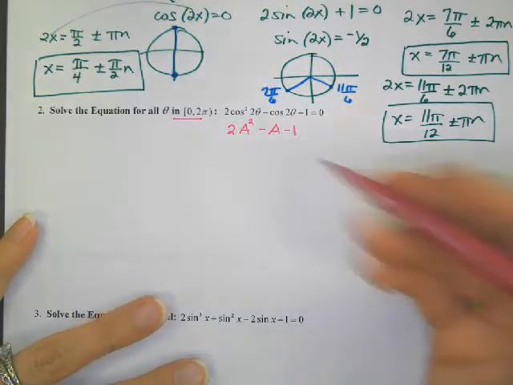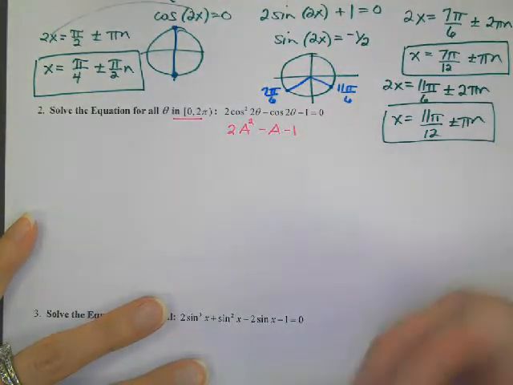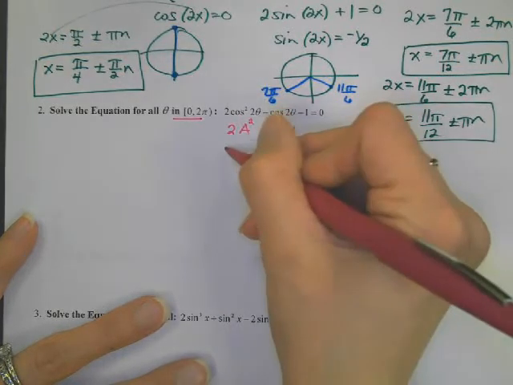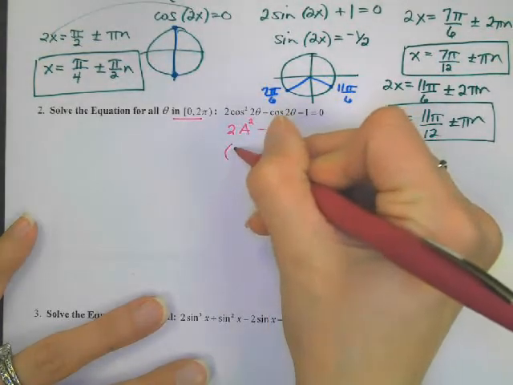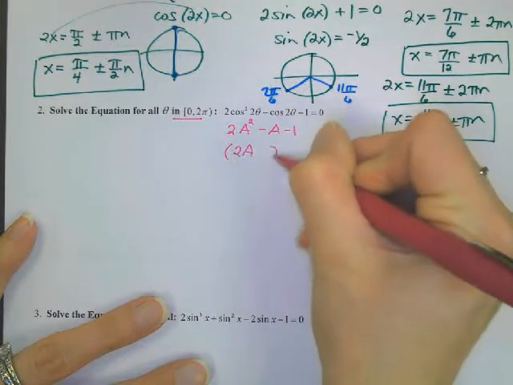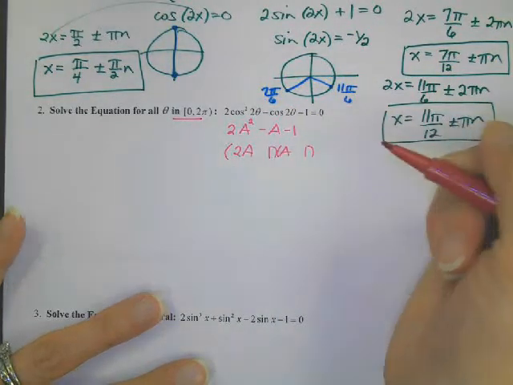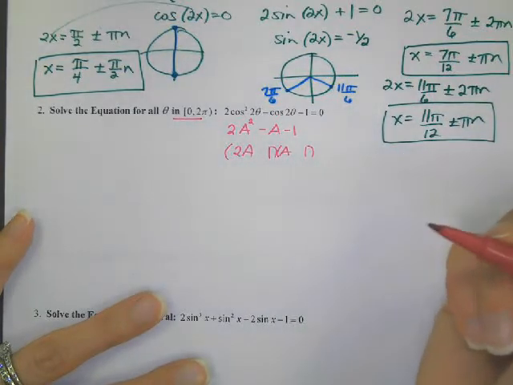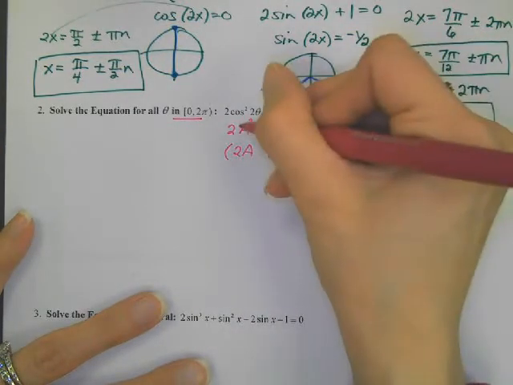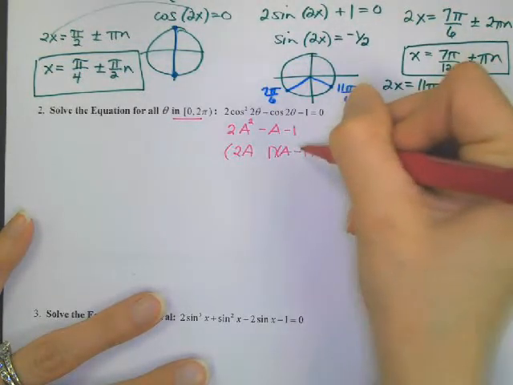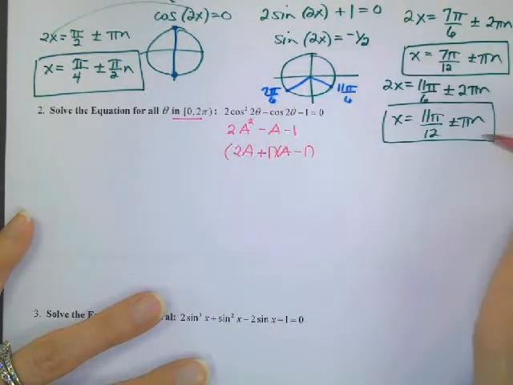Now, I know we practiced factoring, identities, and stuff last chapter, and that was to get us ready for this. So this would factor in terms of a's, like 2a and a. And I know it has to be a positive 1 and a negative 1. Let's put the negative here, and the positive here.